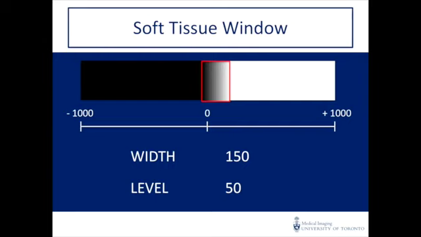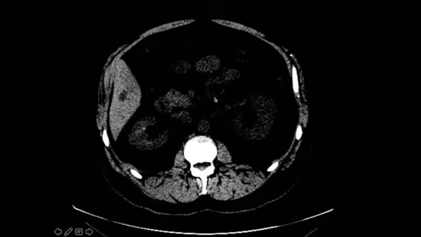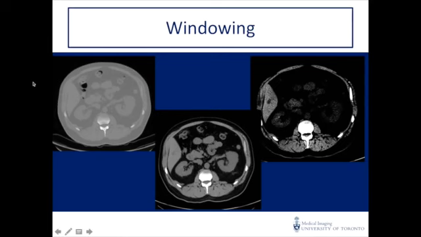Again, everything below will look completely black, everything above will look completely white. Let's pull up a CT slice with this window. In this same slice, the hypodensity in the liver looks even more conspicuous. We can compare them side by side and really see how much more conspicuous it is when we narrow the window.